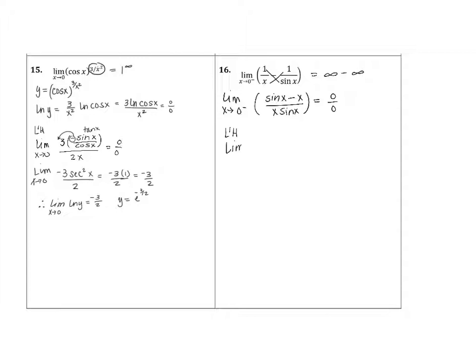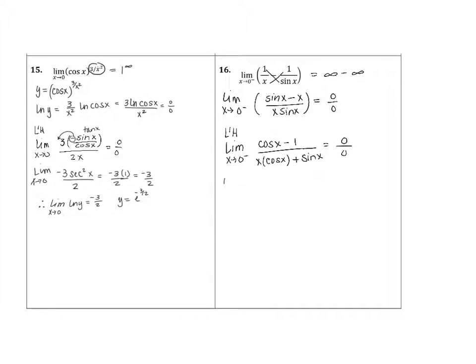And we have the limit as x approaches 0 from the left of cosine x minus 1 over the first times derivative of the second plus second times derivative of the first. And if we substitute in a 0 here, of course, we're going to get 1 minus 1 over 0.